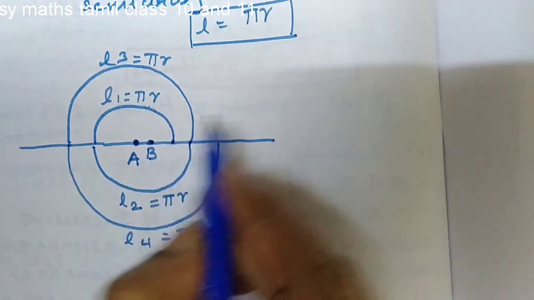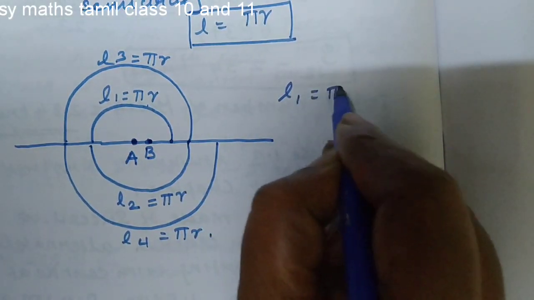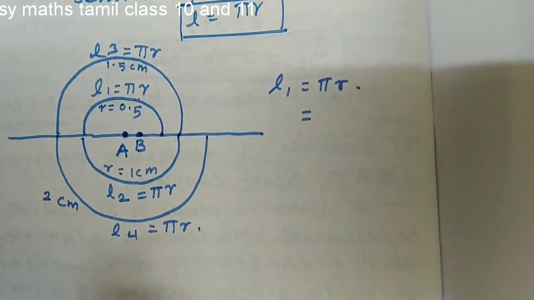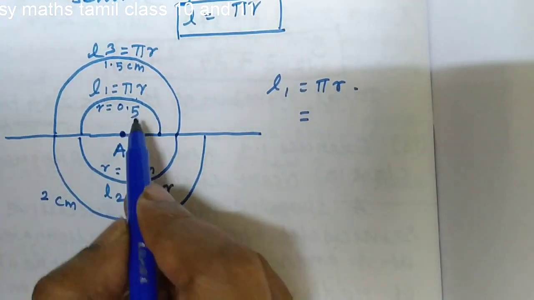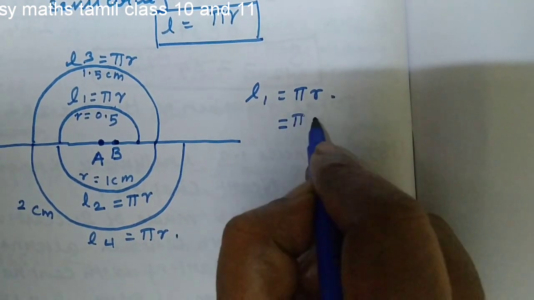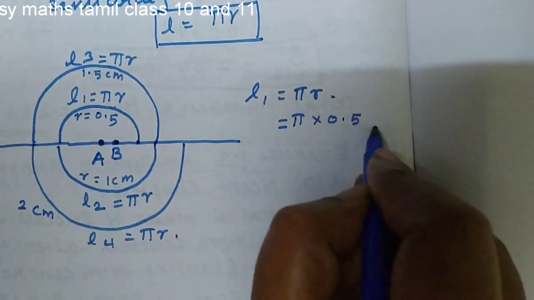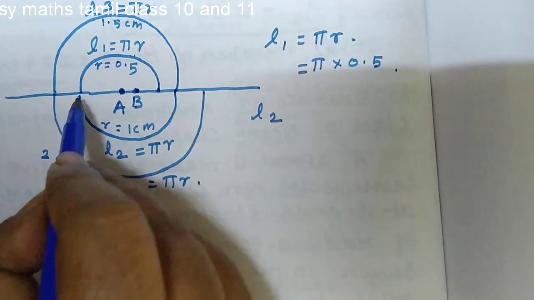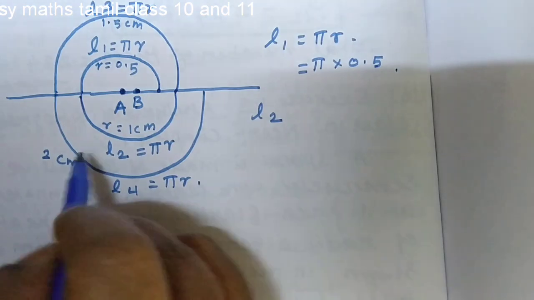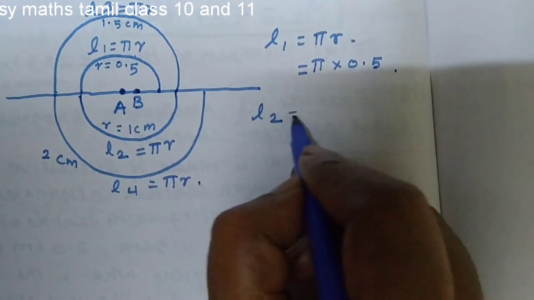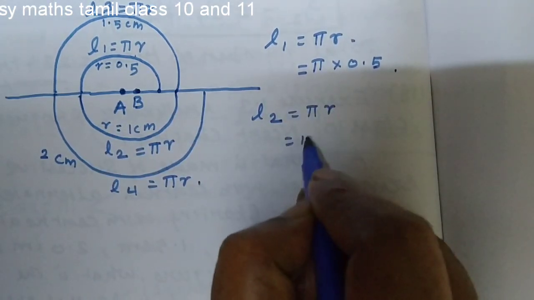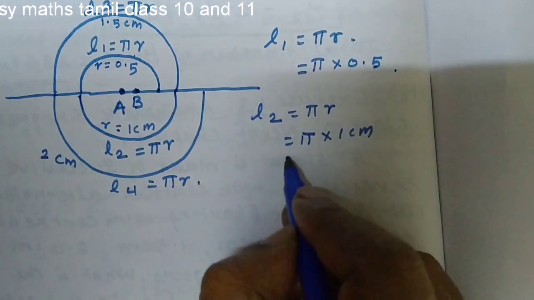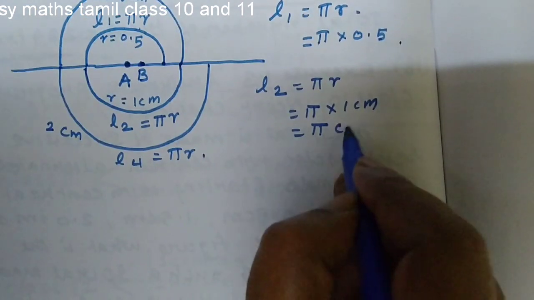So L1 equals pi into r for the first semicircle. Its radius is 0.5, so L1 is pi into 0.5. L2 is pi into r. Its radius value is 1 centimeter, so L2 is pi centimeter.